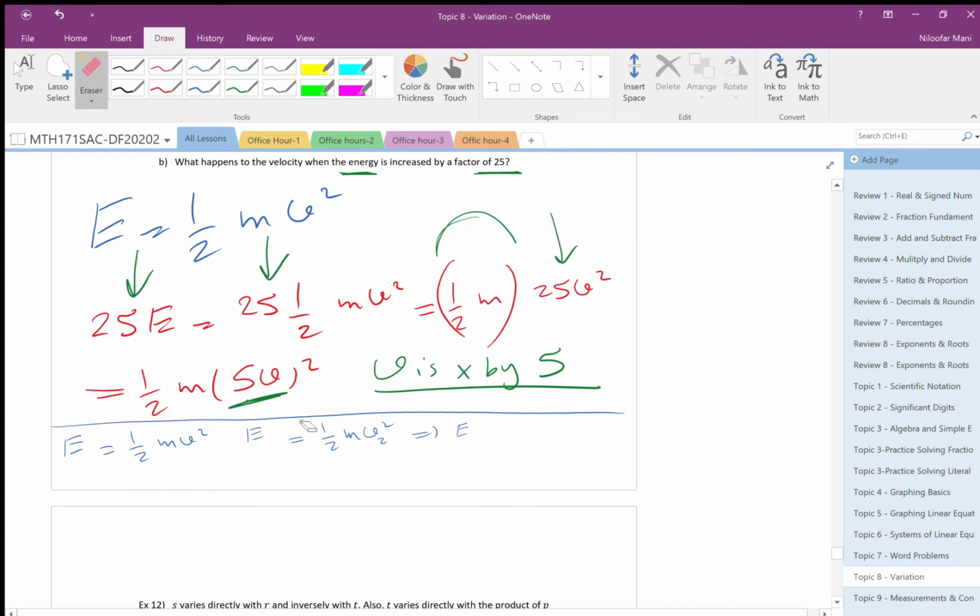I need E1. Then E2 is 25 E1. So E2 equals that, and also E2 equals 1 over 2 m v2 squared. So I have v2 squared equals 2E2 divided by m, and v2 equals radical 2E2 over m.